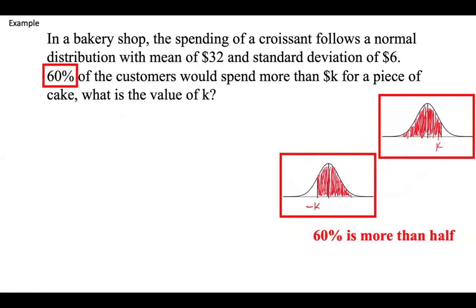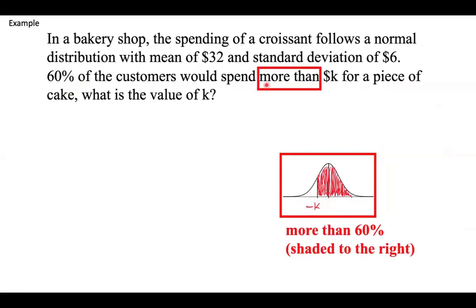So now we're down to either a positive K or a negative K. When the question indicates more than K dollars, the phrase more than is absolutely shaded to the right. If it were less than, then we shade it to the left. So once again, more than is shaded to the right. So this is our graph.